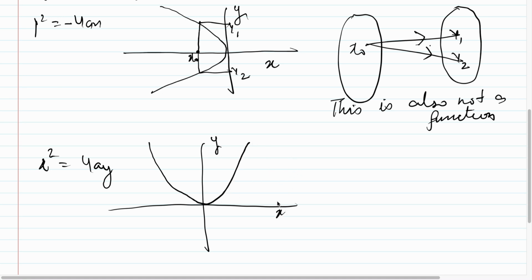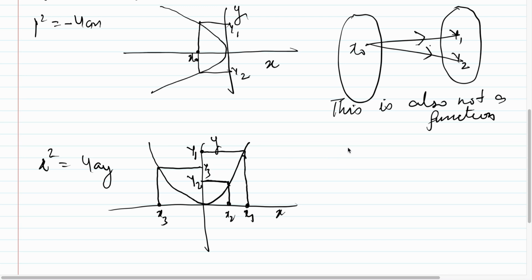Now for each x, there is exactly one value of y. Let us say this is x1, so its image is y1. If we see this x2, then its image is y2. If we look at this x3, then its image is this y3.